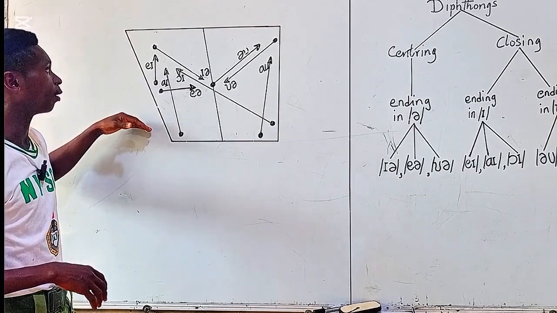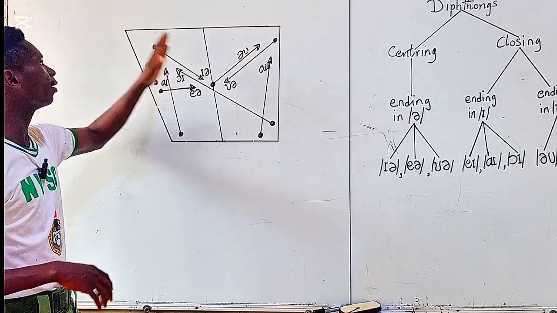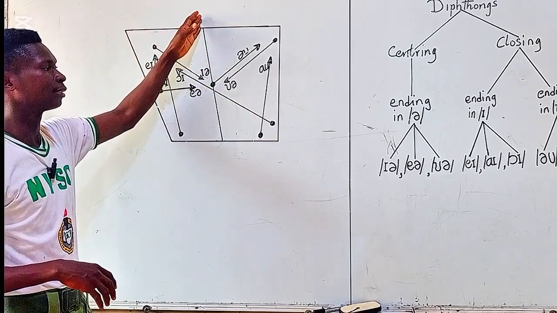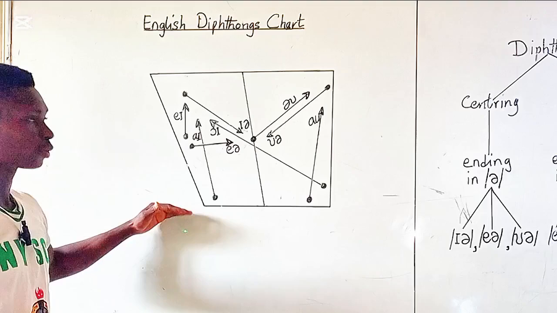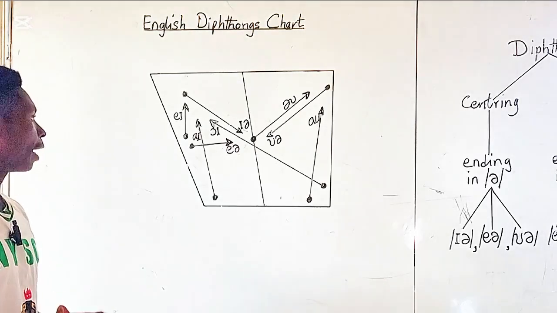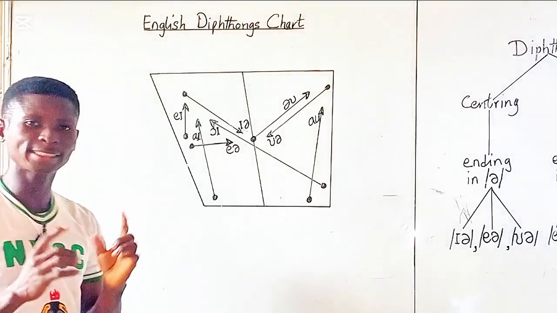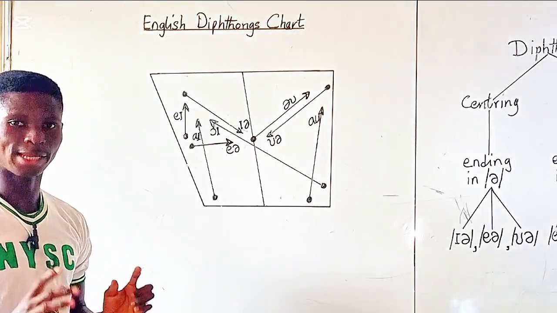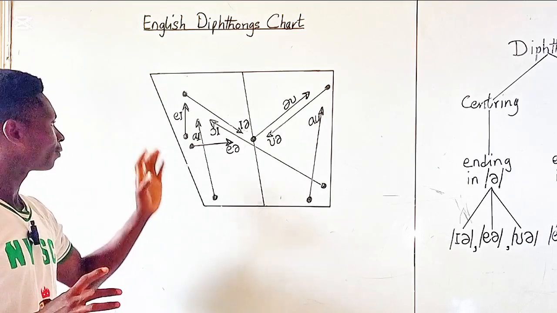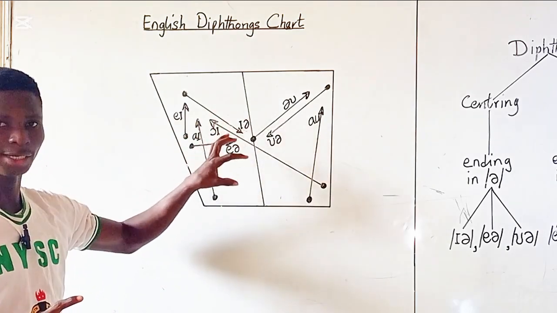But for the part of the tongue, we only have front, central, and back. So don't forget that.